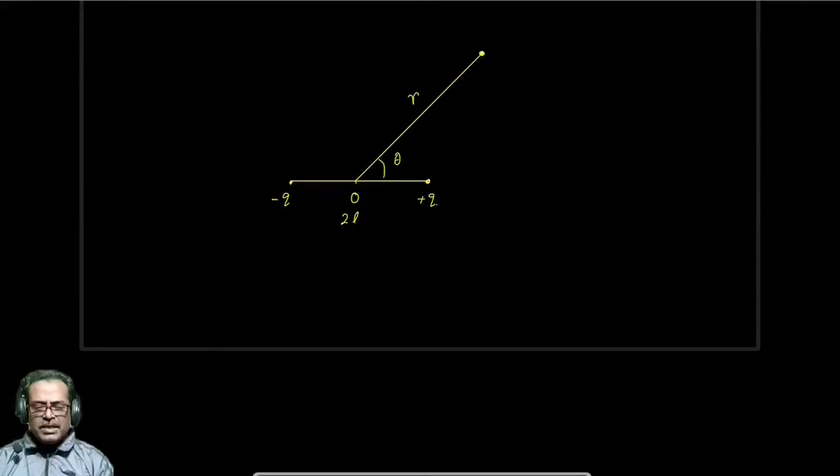Now we can say that the position vector of this point, or its coordinate, is r cos theta in the i direction and r sin theta in the j direction. This is the position vector with respect to the origin, and the position vector of this charge is equal to L i, and this is minus L i.